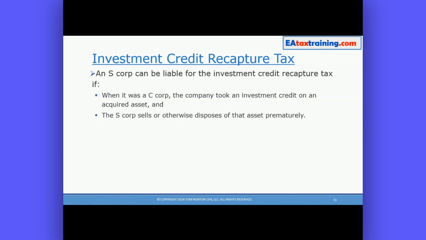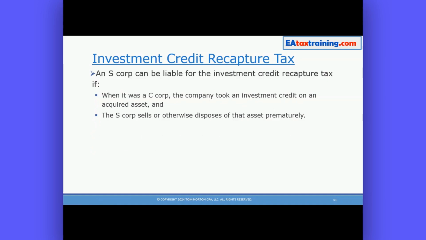Next is the investment credit recapture tax. An S corp can be liable for this tax if, when it was a C corp, the company had an investment credit on an asset that it acquired, and the S corp sells or otherwise disposes of that asset prematurely. Prematurely depends on what the asset is and what its recovery life is.